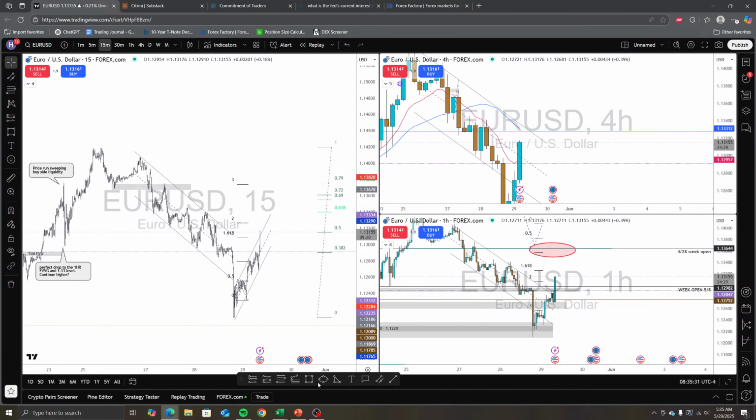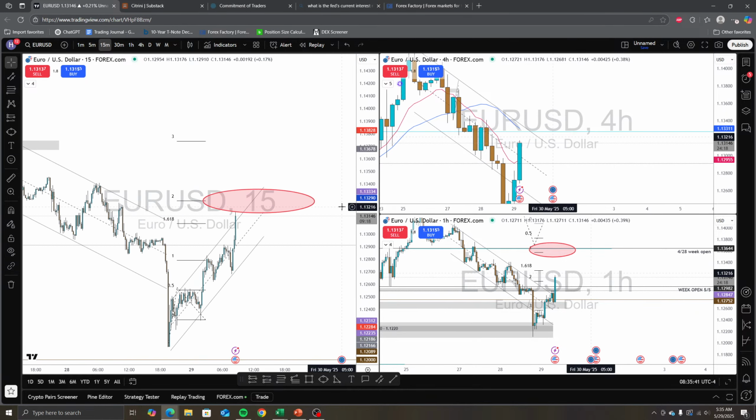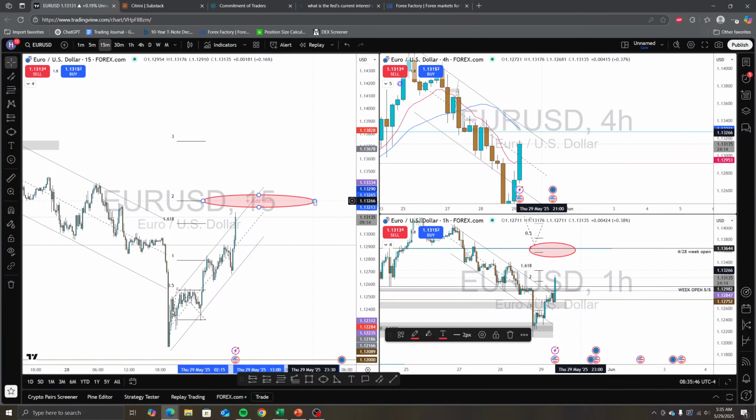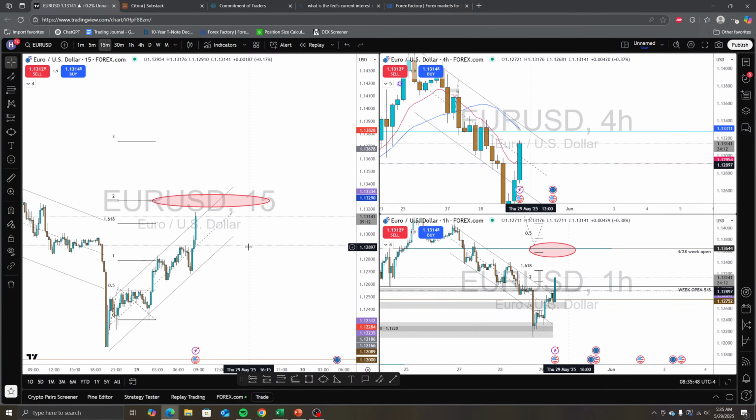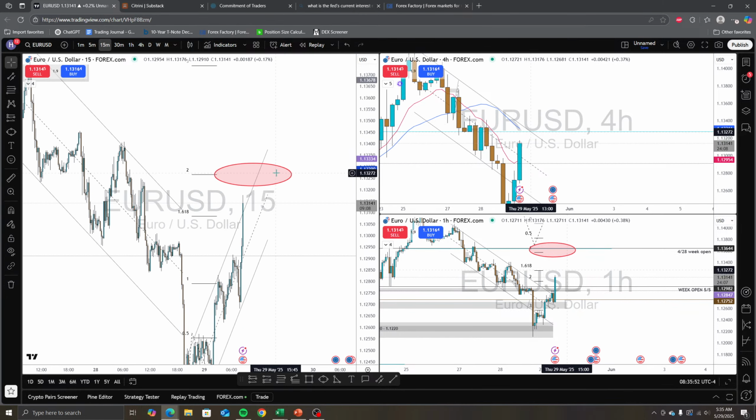Right when I have some kind of zone I want to focus on, I just do something like this. So I want to see something happen right here. And what level is this?